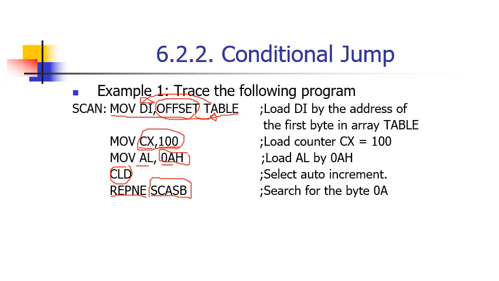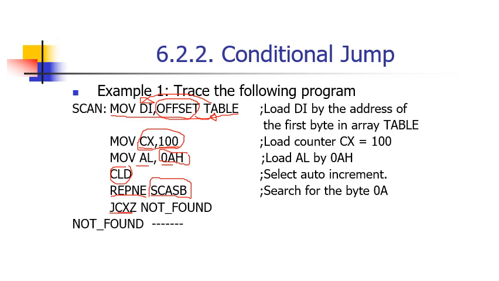If we don't find 0A within these 100 elements, we are going to repeat it. So if the first element is not equal to 0A, we go to the second element. If the second element is not equal to 0A, we go to the third element, and we do this scanning till CX is 0. If we scanned the total 100 elements in this table and we never found 0A inside, we have to jump and say we did not find this.